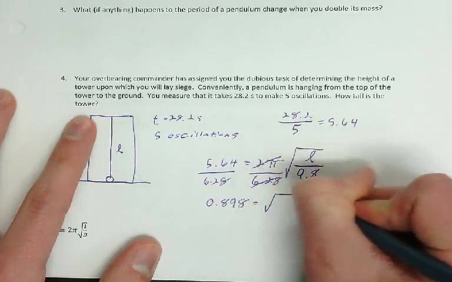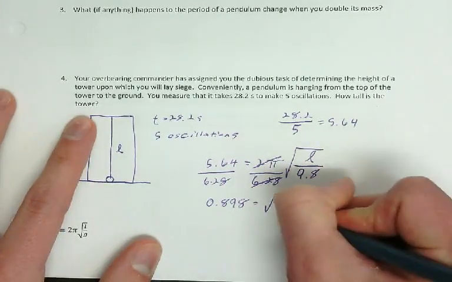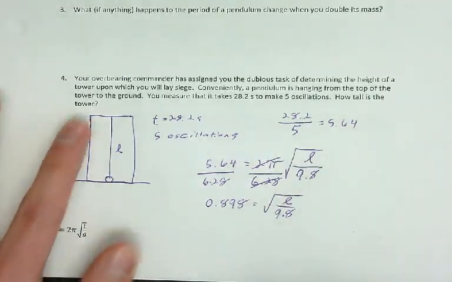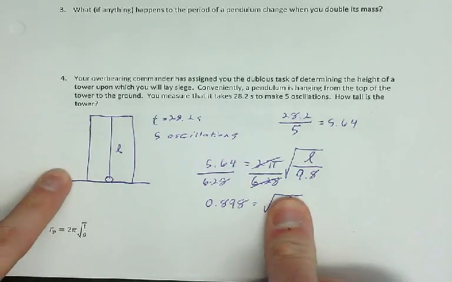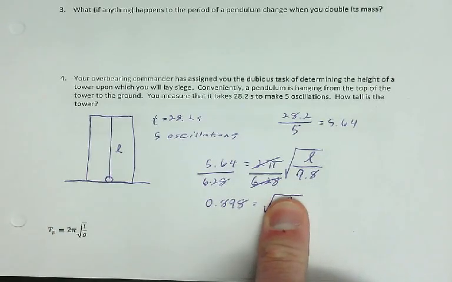Equals square root of L over 9.8. Again, this square root business is throwing me off. So I simplify it down one step more. If I didn't have the L, if it was just square root of x, I could solve that. So I'm going to solve for the square root of my thumb. Okay, well, how do I do that? I just square both sides.